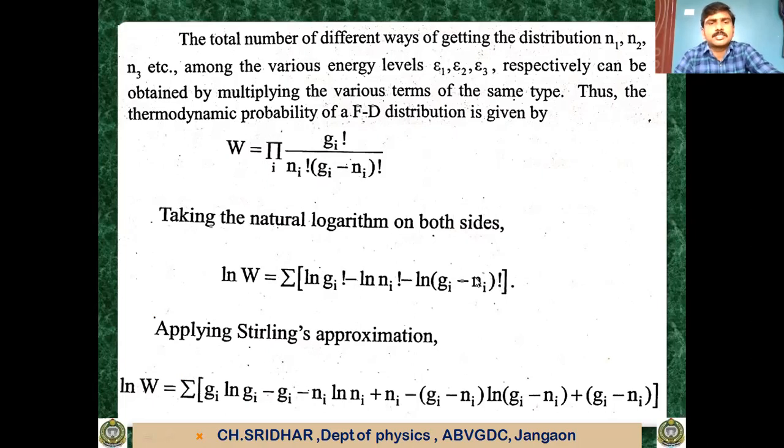And again, applying the Stirling approximation, we have log W is equal to summation of Gi log Gi minus Gi, minus Ni log Ni minus Ni, and here this minus into minus becomes plus Ni, and minus Gi minus Ni into log of Gi minus Ni minus Gi minus Ni, and here we already have a minus sign, so it is minus into minus plus.